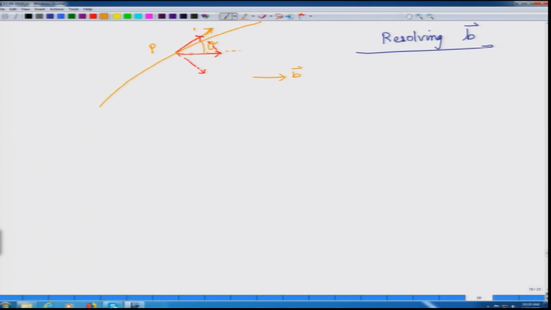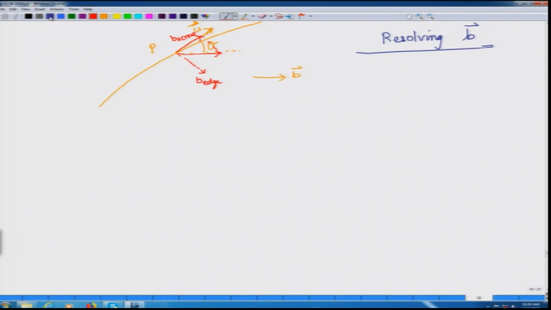The orange one that I have drawn earlier is the tangent to the line, which is the line vector u for the point P, and the red ones are the Burgers vector components. This red is the total Burgers vector, this red is perpendicular to u, so it represents b edge. This one is parallel to u, so this means b screw.